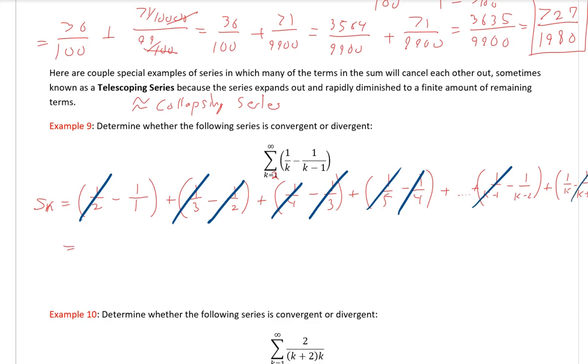And based on the previous trend, k minus 2 would have come earlier. You can even test that if you want to see the previous term before this one. The only things that don't cancel out are this minus 1 and this 1 over k. So that means what I have is 1 over k minus 1. That's what this partial sum looks like.